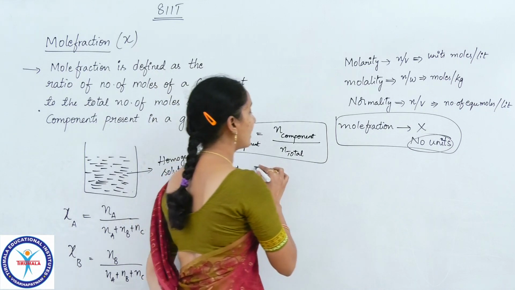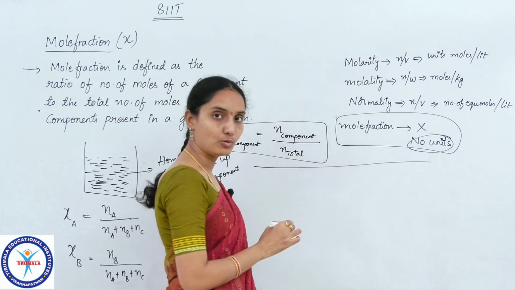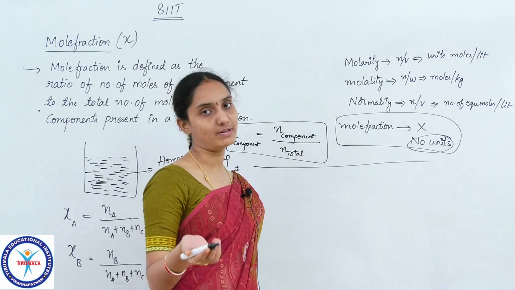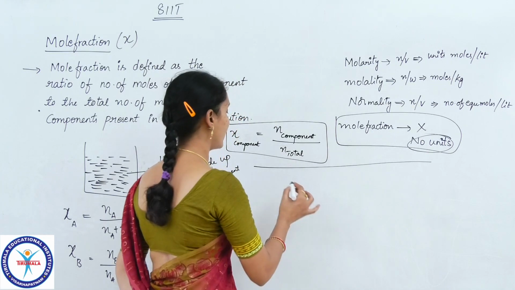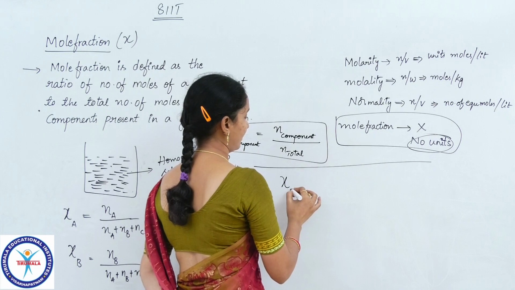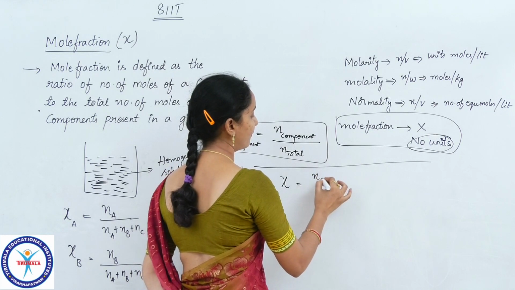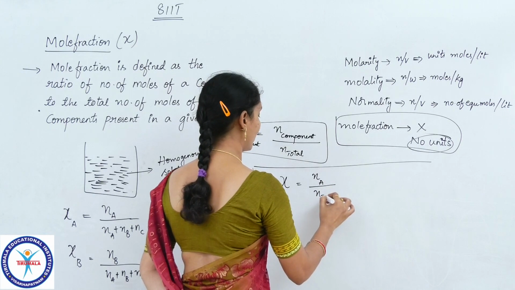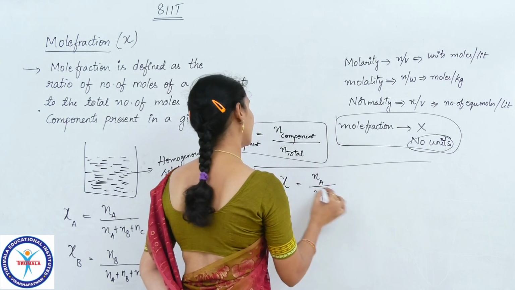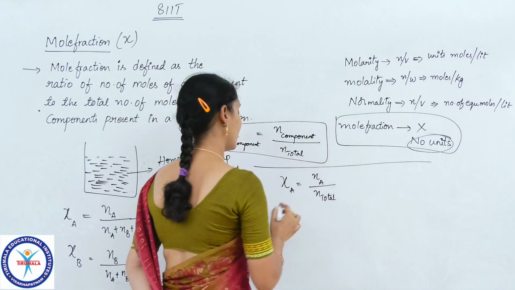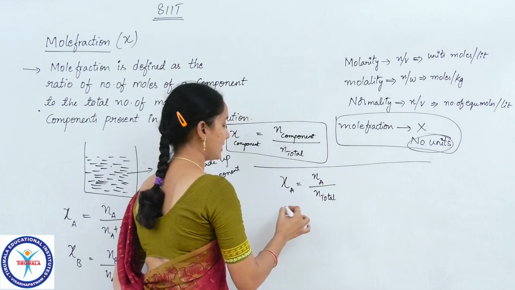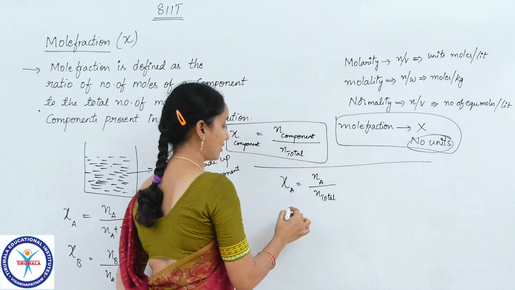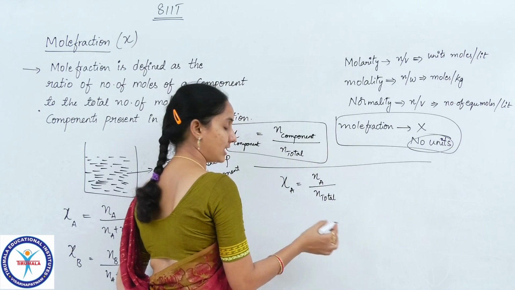So if you don't know the number of moles, then what will you do? If the number of moles are not directly given in the question, then mole fraction is equal to number of moles of a particular component by total number of moles. So if number of moles is not given in the question, they will compulsorily give you the weight of each and every component.